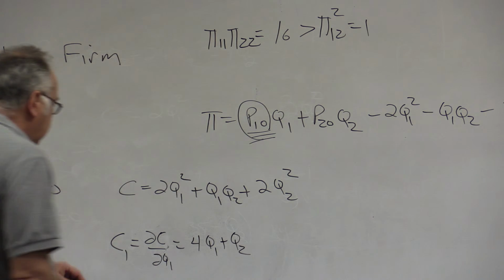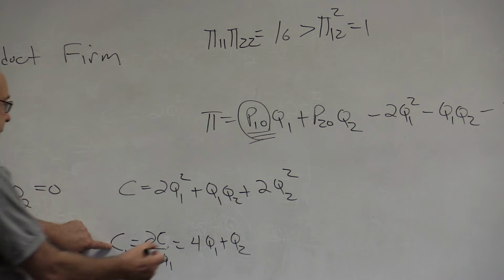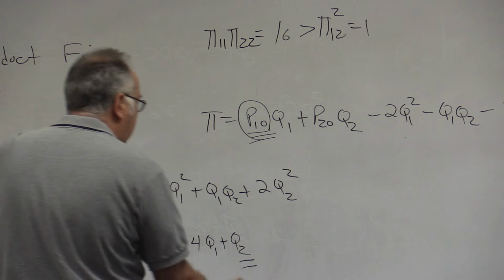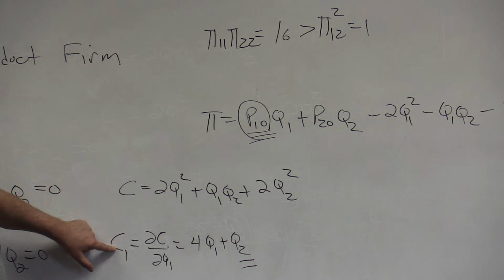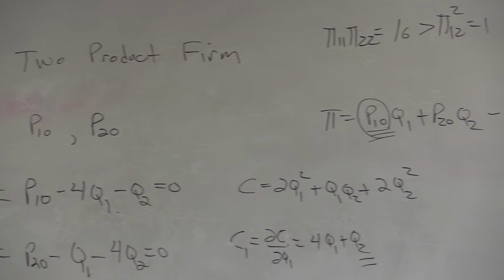In other words, the marginal cost of producing product 1 rises with more of product 2 produced. So the more of product 2 you produce, the higher the marginal cost of producing product 1. And intuitively, that's why this thing is negative.